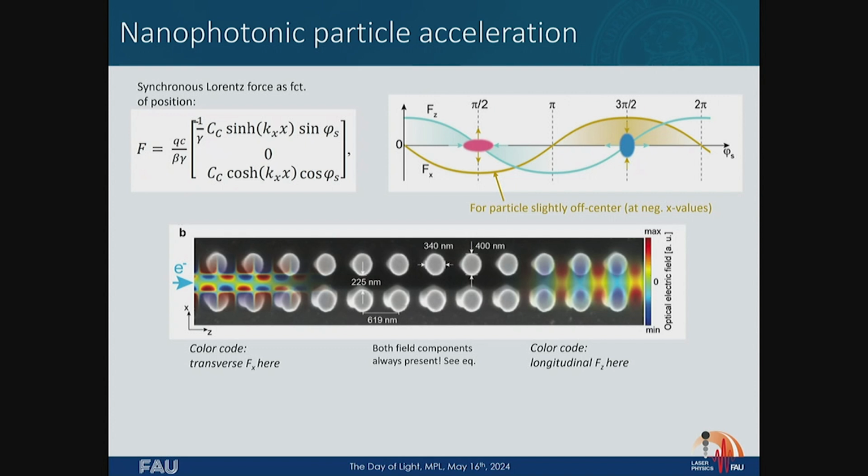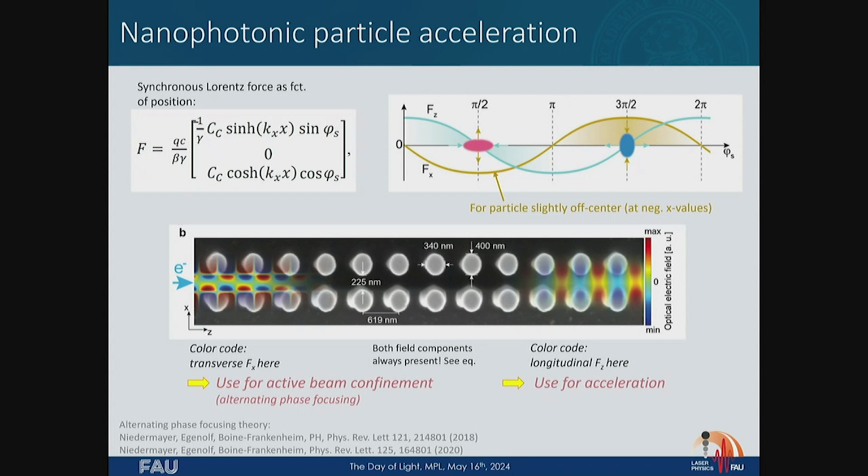This color code here shows us the forward component of the force. It's just a Lorentz force, written slightly different. So here we see electrons are accelerated, decelerated, and so on. Over here is the transverse component. This one here is always there when this is there, but of course I can't put them on top of each other, then we can't see what's going on. The nice thing is, this one we use for acceleration.